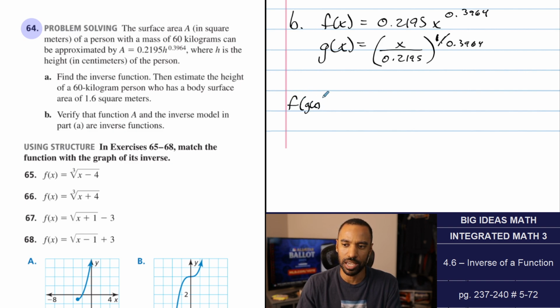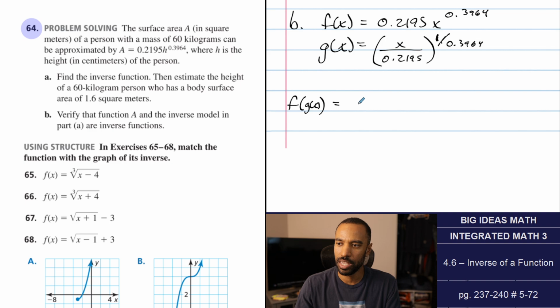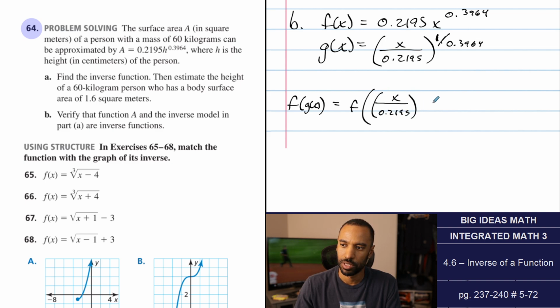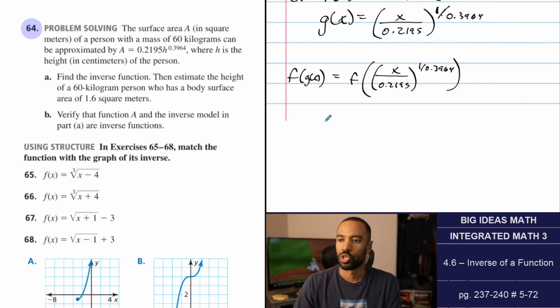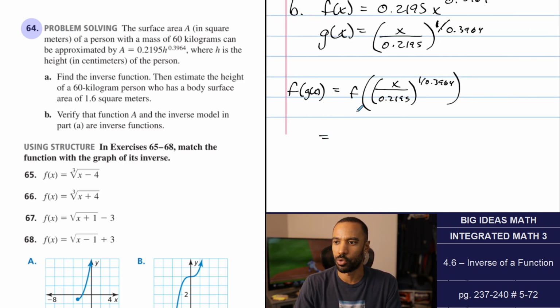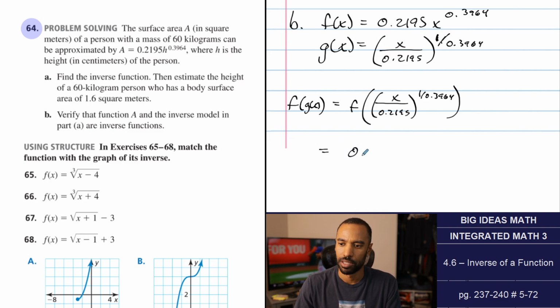So f of g of x equals, we'll do f of g of x. So f of x equation is 0.2195x. Now x is going to be replaced by this.